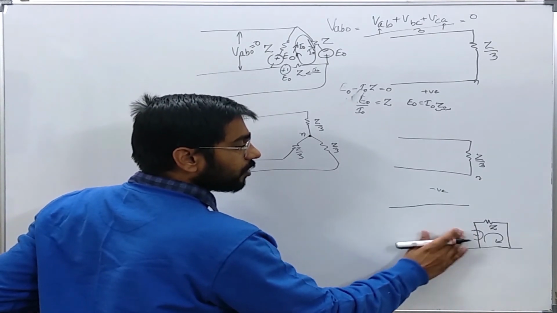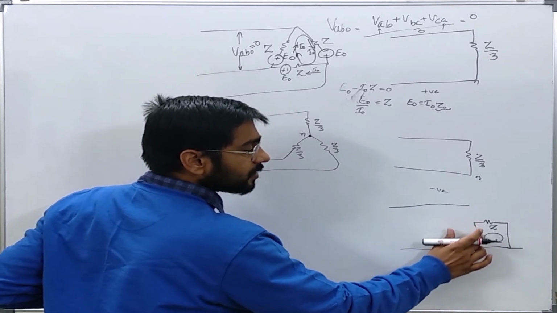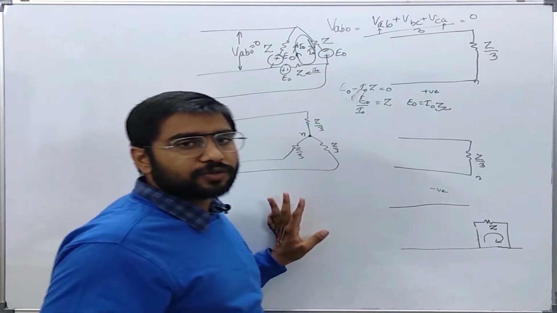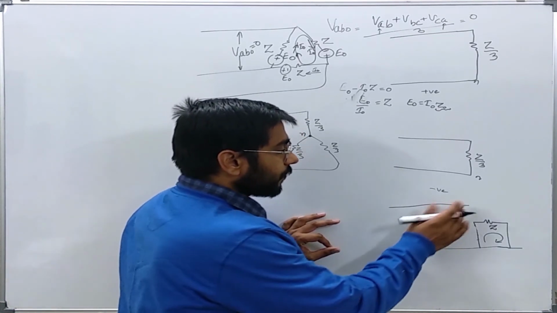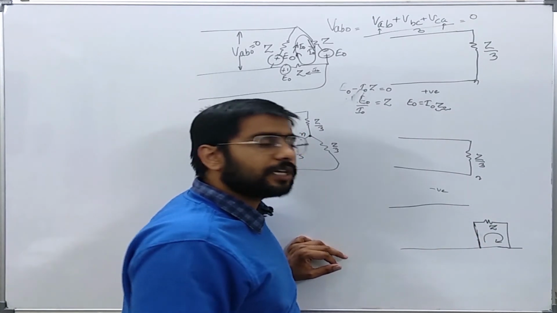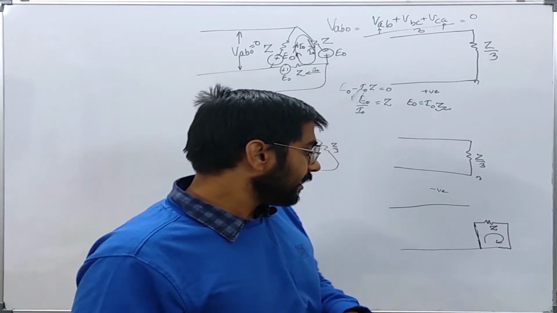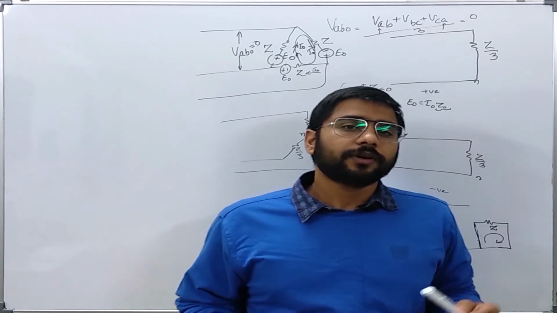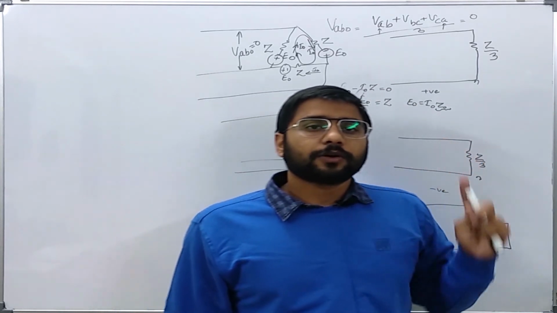Okay, usually we don't show this zero sequence voltage drop or voltage source in the circuit because usually there is no such kind of voltage source generating zero sequence voltages. So for delta, this is the zero sequence network. So in this way we can draw the zero sequence network of any network given in the question.